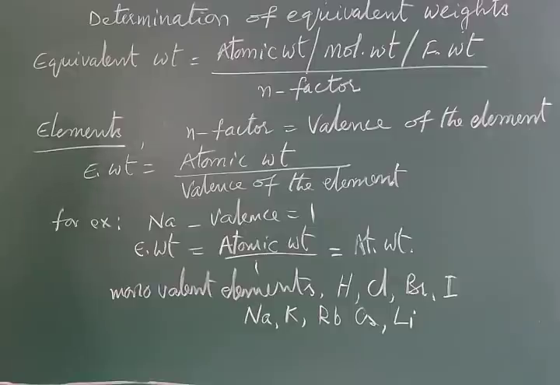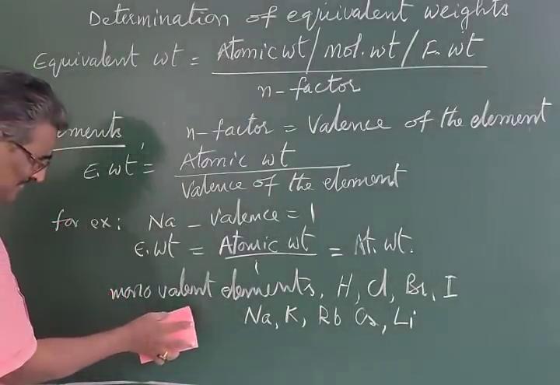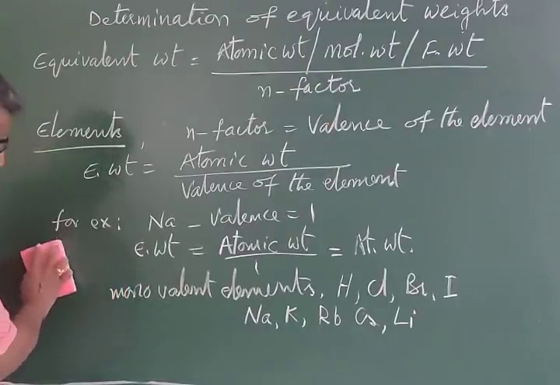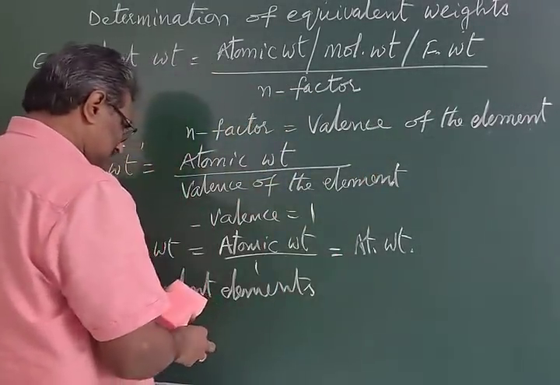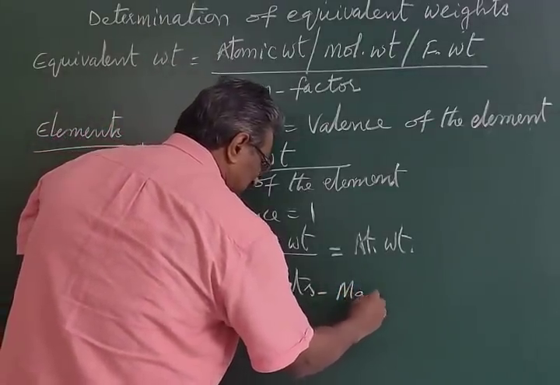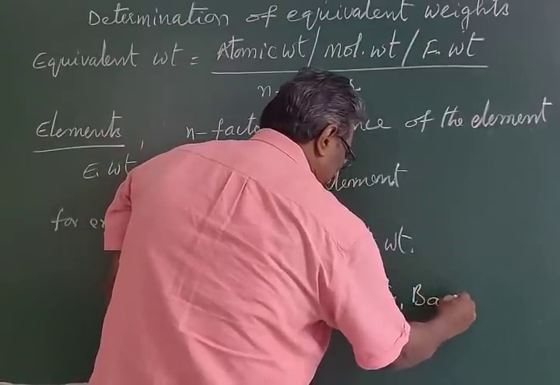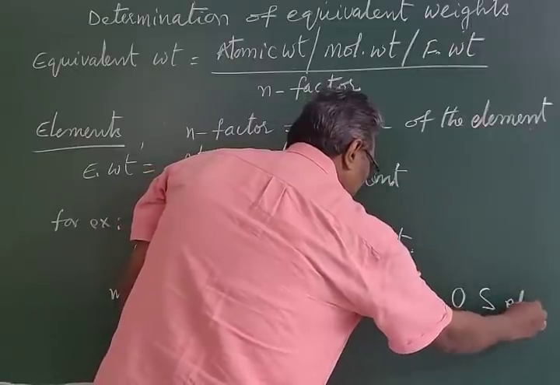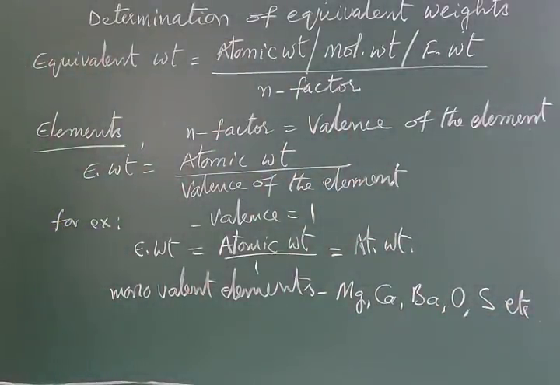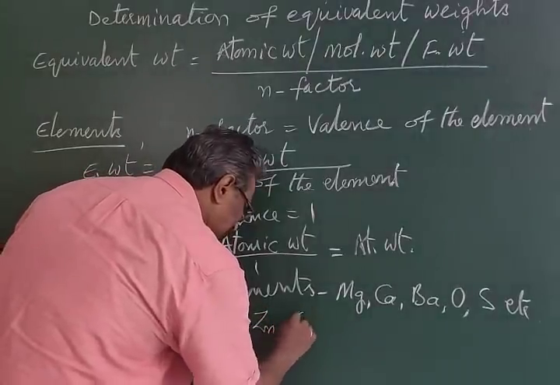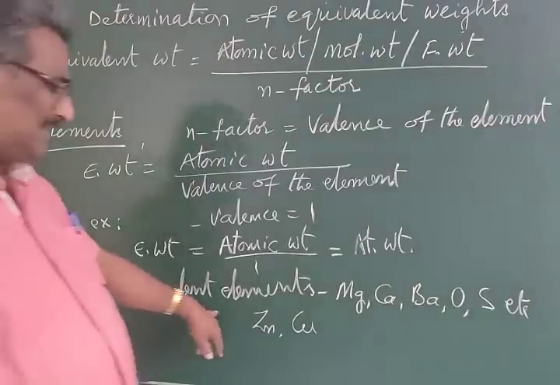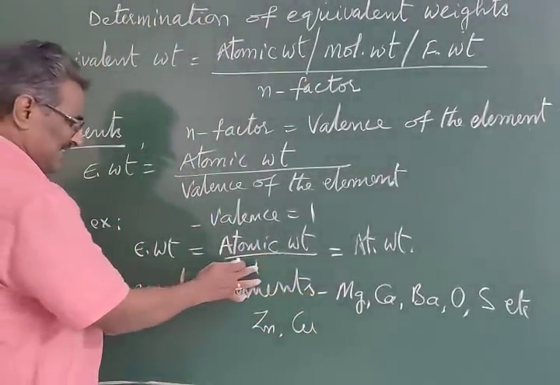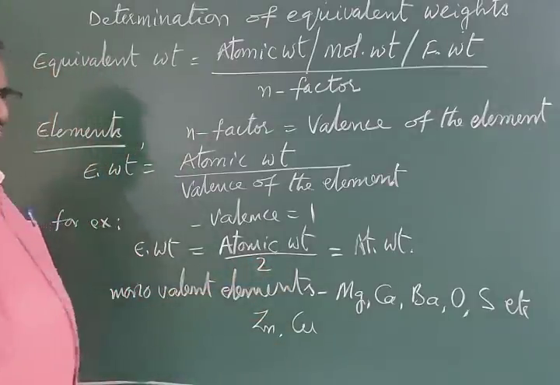In the case of divalent elements, like magnesium, calcium, barium, oxygen, sulfur, etc., and the common valences of elements like zinc, and copper in cuprous compounds, these are all the divalent elements in which equivalent weight is equal to atomic weight by 2.